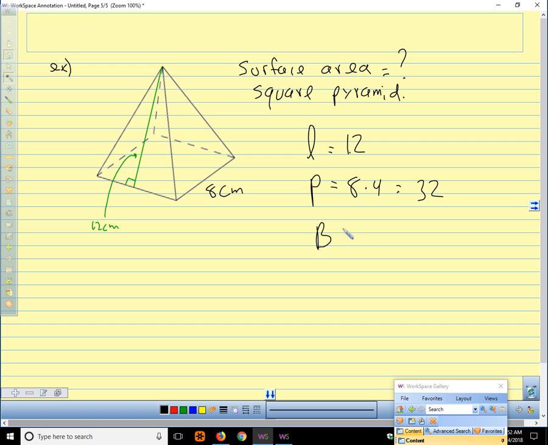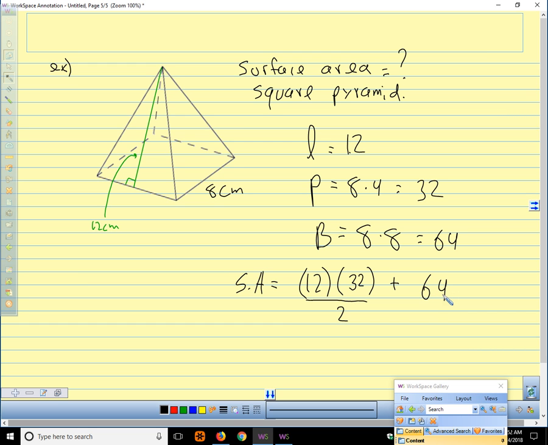The area of the base. The base is a square, so how do we find the area of that square? 8 times 8. Length times width, base times height. So it's 64. So our surface area is the slant height times the perimeter of the base divided by 2 plus 64.